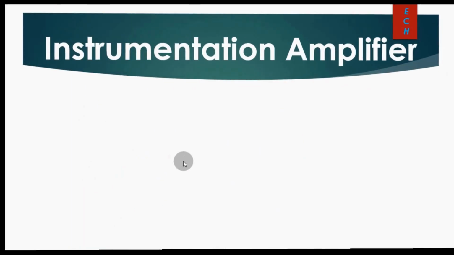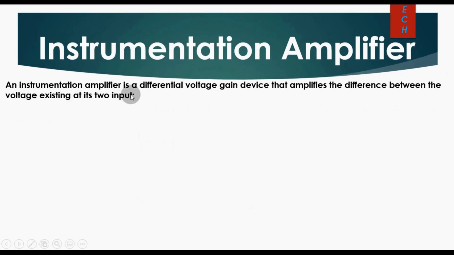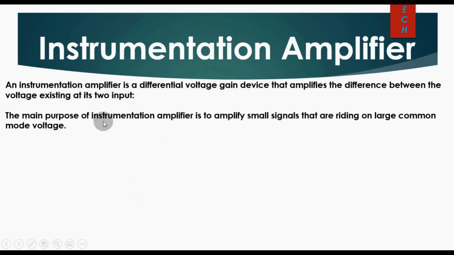So now, an instrumentation amplifier is a differential voltage gain device that amplifies the difference between the voltages existing at its two input terminals. We have already seen this. The main purpose of the instrumentation amplifier is to amplify small signals that are riding on a larger common mode voltage. I have already explained this topic.